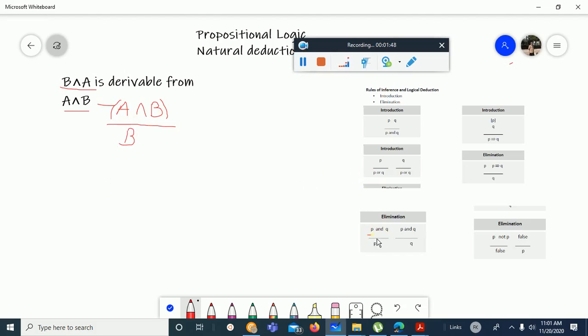This elimination rule: from P and Q we derive P, or from P and Q we derive Q. So here we will write A and E. This stands for that we have used the AND elimination rule, and we have got B. Now again we can write A and B.